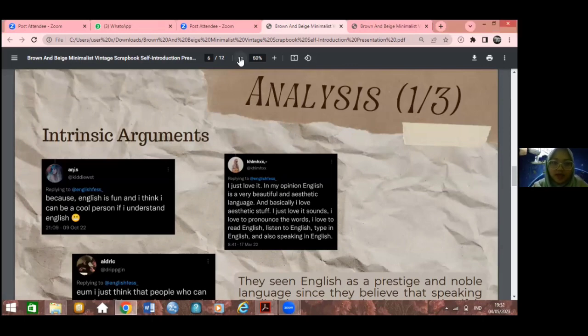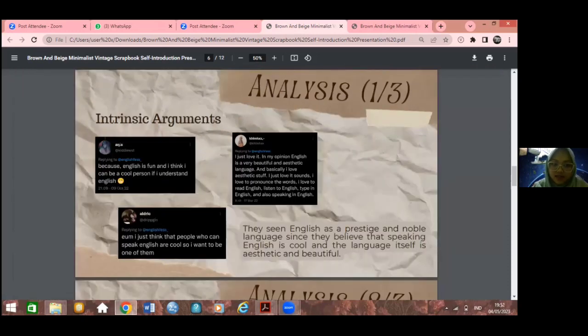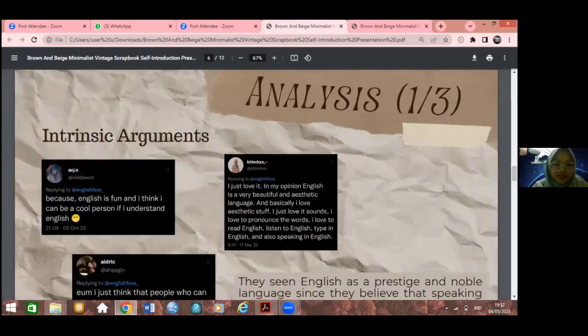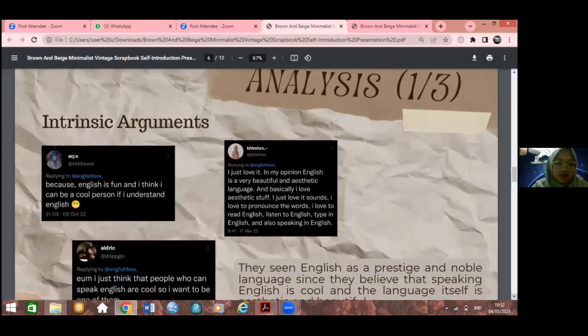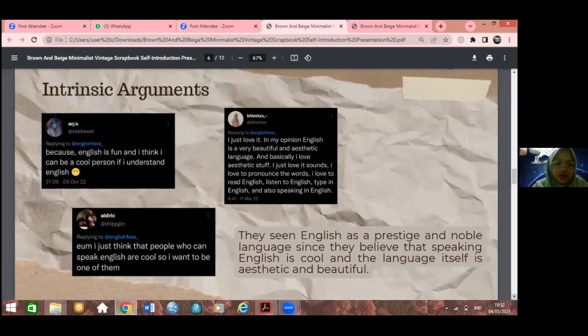So here it is. We have three analyses. As Mulia explained before, we have intrinsic, extrinsic, and functional arguments. Here, we can see there are several tweets that we take from replies on English Fest Twitter. English Fest itself is an account on Twitter that explains or shows something related to English.